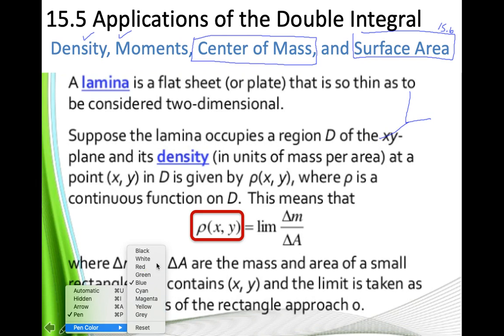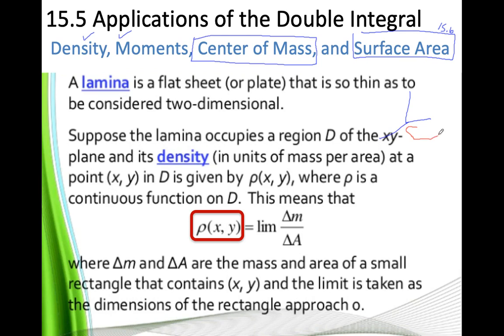It does have some thickness, but we're going to consider it infinitely thin, so we consider it two-dimensional.